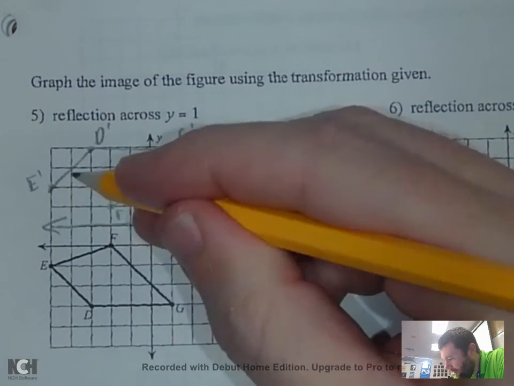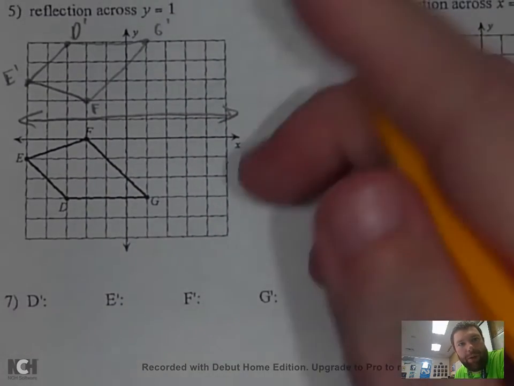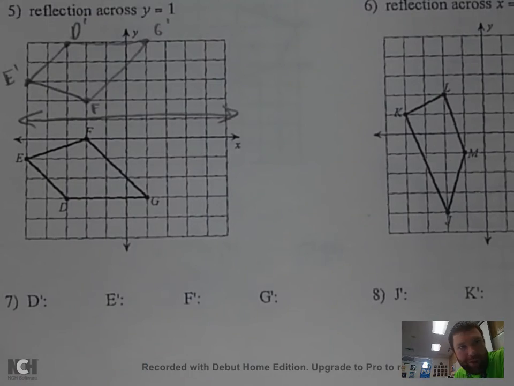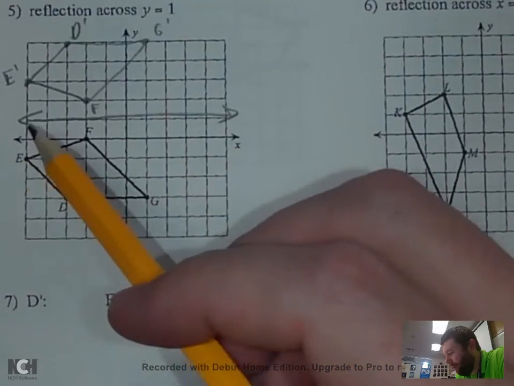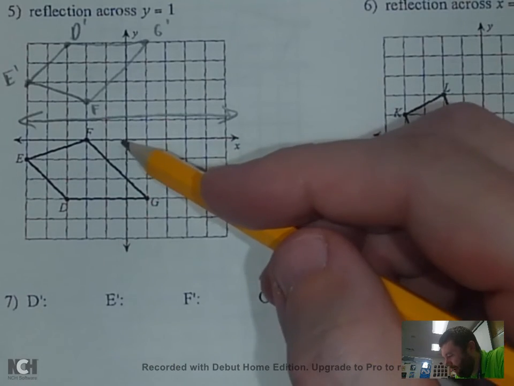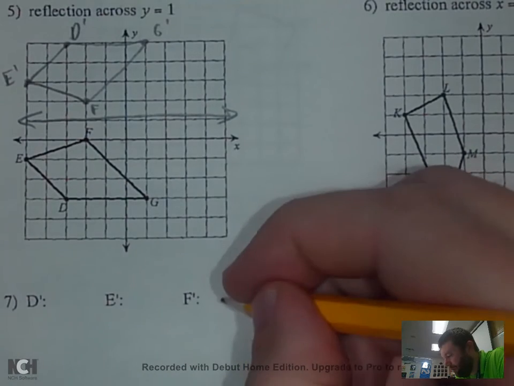Now, one thing I haven't been doing is actually writing the answers down. So let's start here. So we do need to write down the ordered pairs of our prime points, so where they have been transformed. So F prime is, again, I'm going to go back to the x-axis, it is over 2 and up 2, so that's -2, 2.